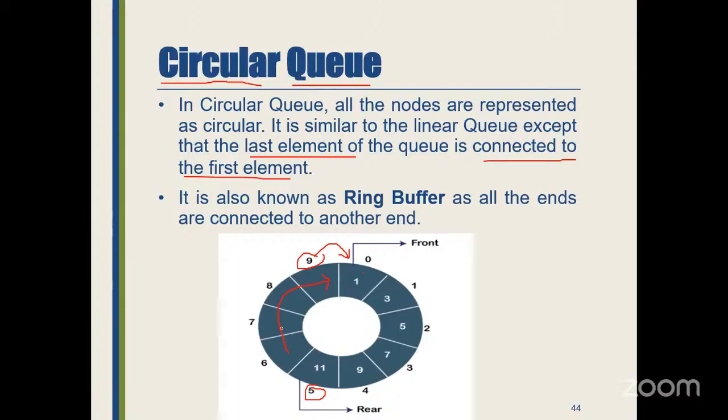In this case, as we have an empty space, we can utilize this empty space by incrementing the rear value. Rear points here, and you can store the elements here. Again, increment the rear value, store the elements. Like this, we can utilize the memory efficiently in the circular queue compared to the linear queue.